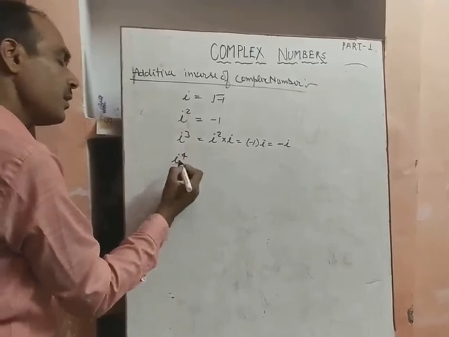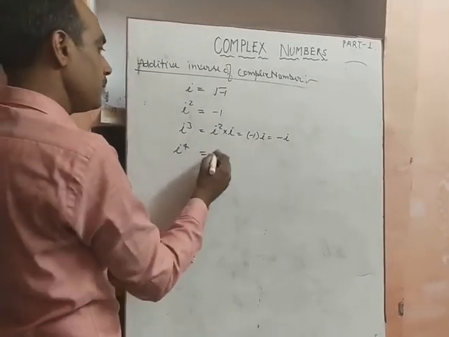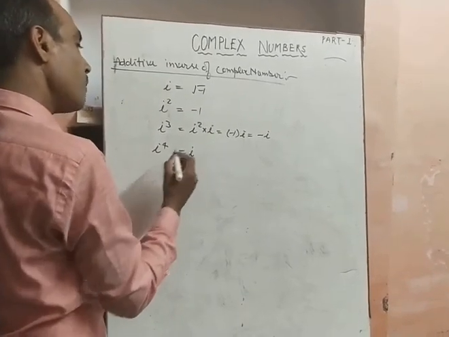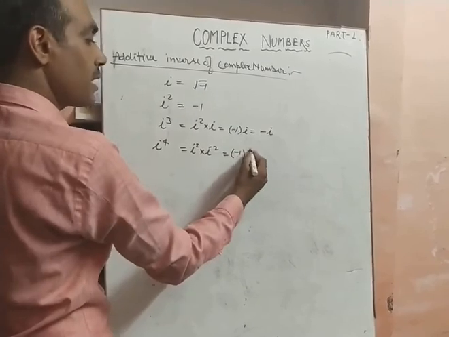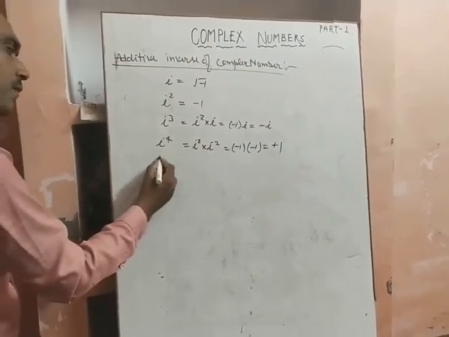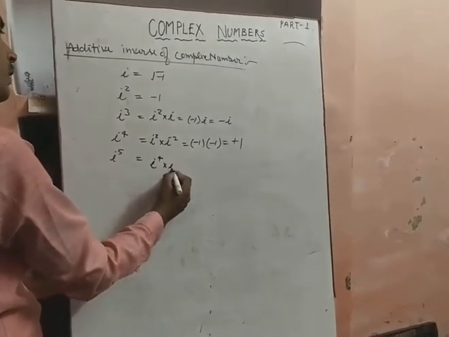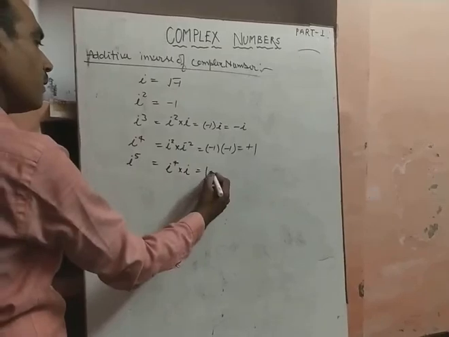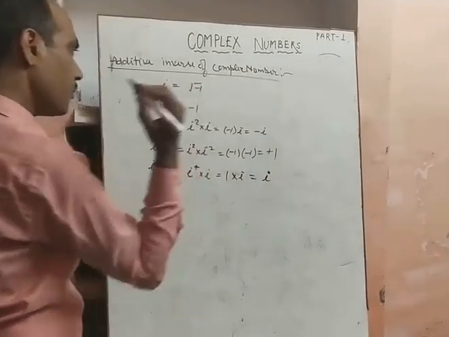I raised to power 4 means i square into i square, which is minus 1 into minus 1, equal to plus 1. If we take i raised to power 5, then i power 4 into i is 1 into i, equal to i.